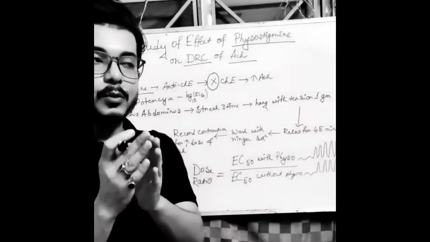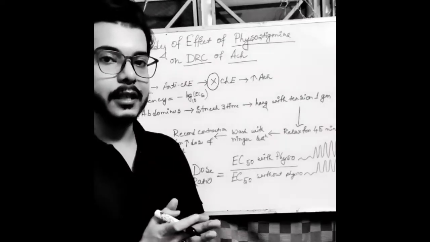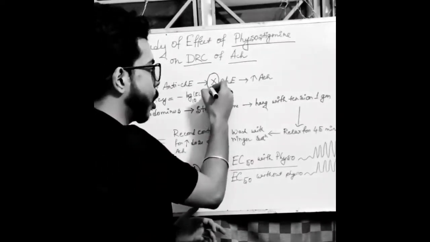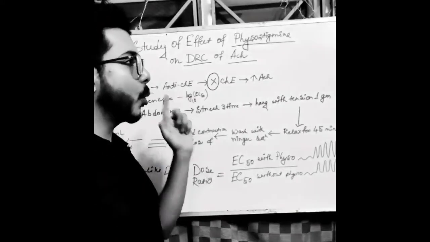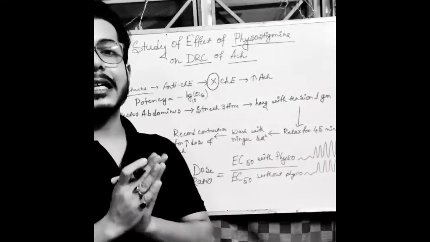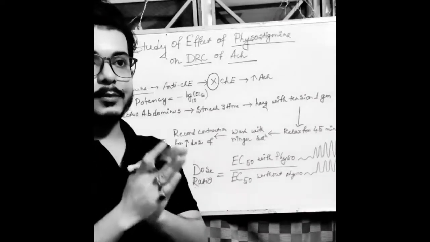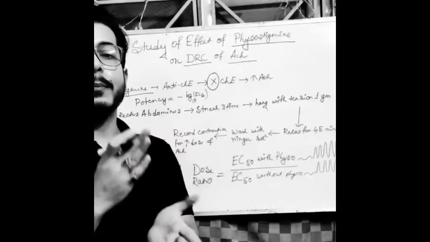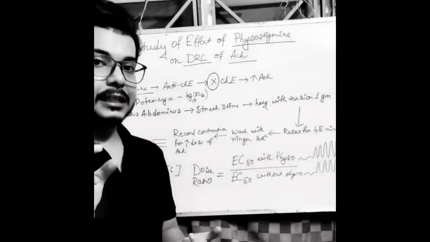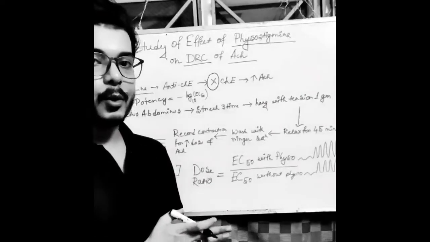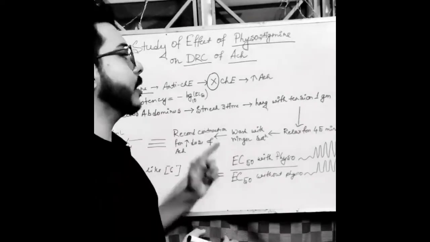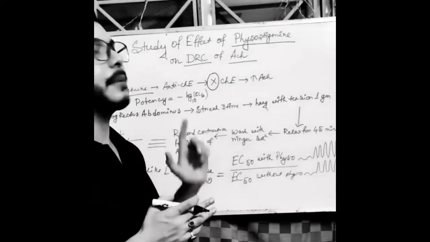Anticholinesterase means which acts against cholinesterase. So it blocks cholinesterase, that's why I have put the cross mark. What is the function of cholinesterase? Cholinesterase is an enzyme which helps to metabolize or break down acetylcholine. So if cholinesterase breaks down acetylcholine and reduces its level, anticholinesterase will block that enzyme itself.